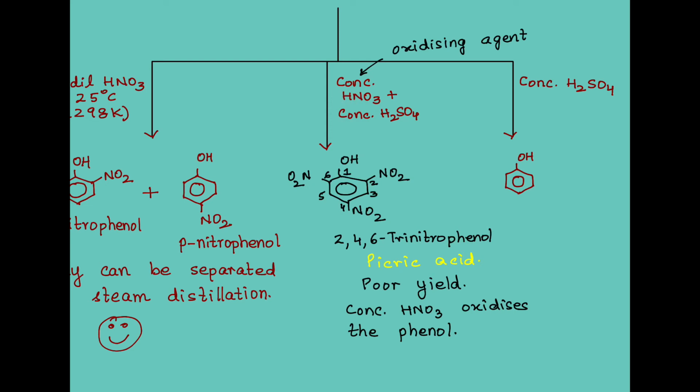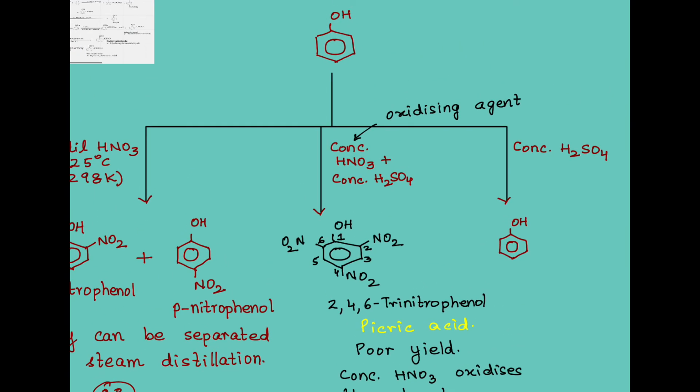By the way, in a separate video, we have also dealt with the mechanisms of electrophilic aromatic substitution reactions. So in case you want to familiarize yourself with the mechanism, there's a separate set of videos.